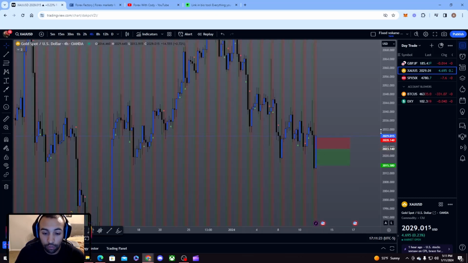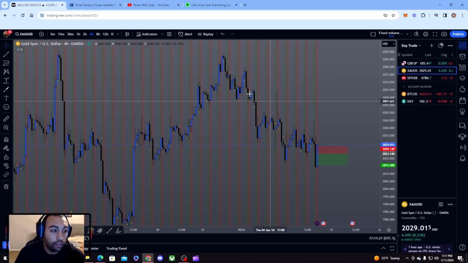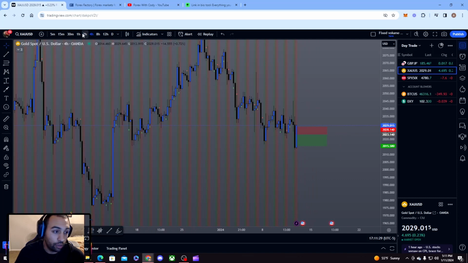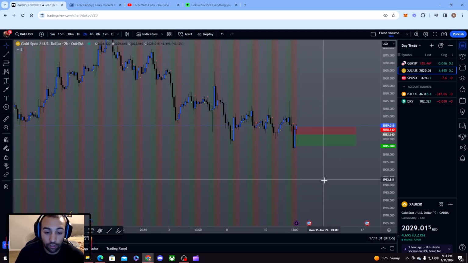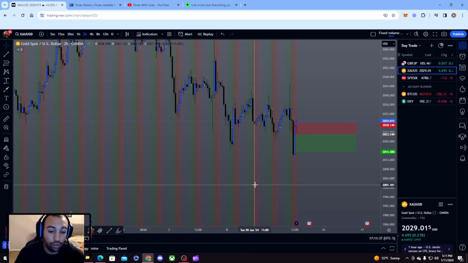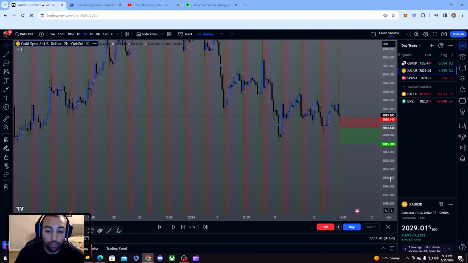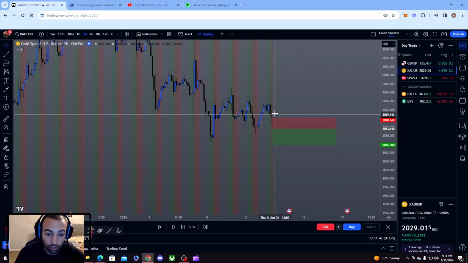So again, this comes from Forex with Cody's scalping strategy, and it's based off the 2-hour. I found this signal right here on the 2-hour candle, right? So let's go into replay. Start here. Right now you don't see that signal, right? It's gone.